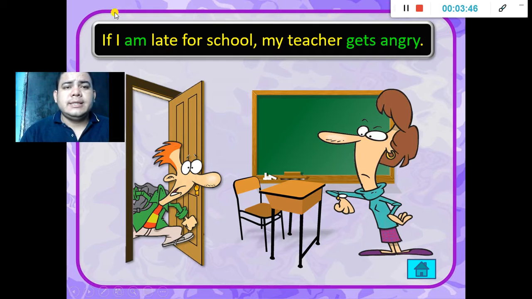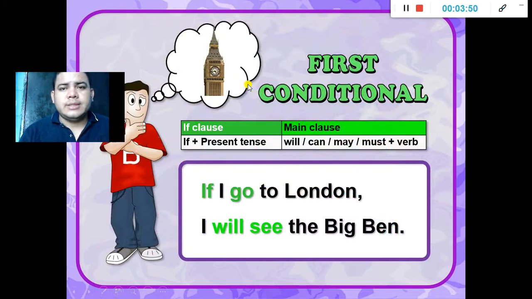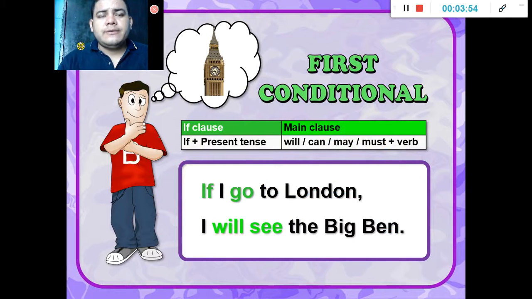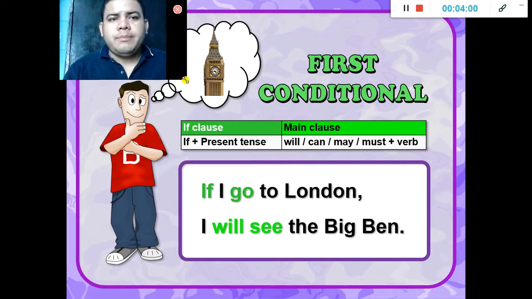The first sentence is in simple present and the second sentence is also in simple present. Then we have the first conditional, and we use the first conditional to talk about situations that can probably happen in the future, right? Situations that have a future result.